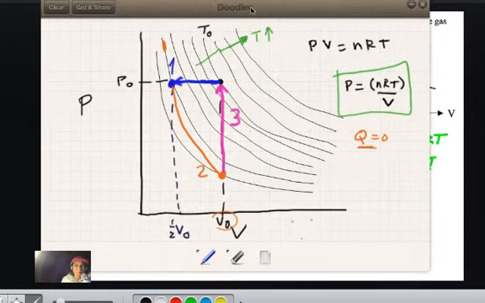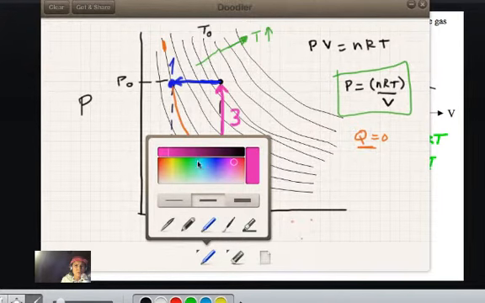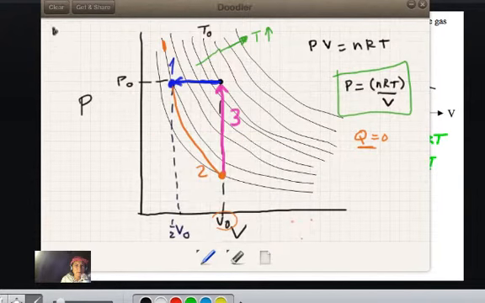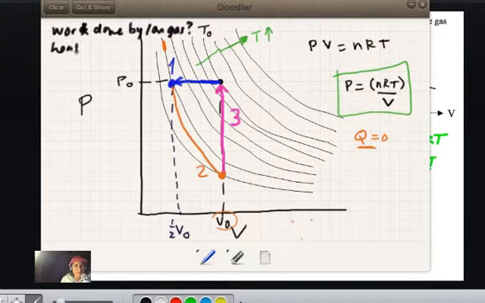So the questions are: first, is work done by or on the gas? The second question is, is heat going into or out of the gas? And then the third question is, what about the internal energy?